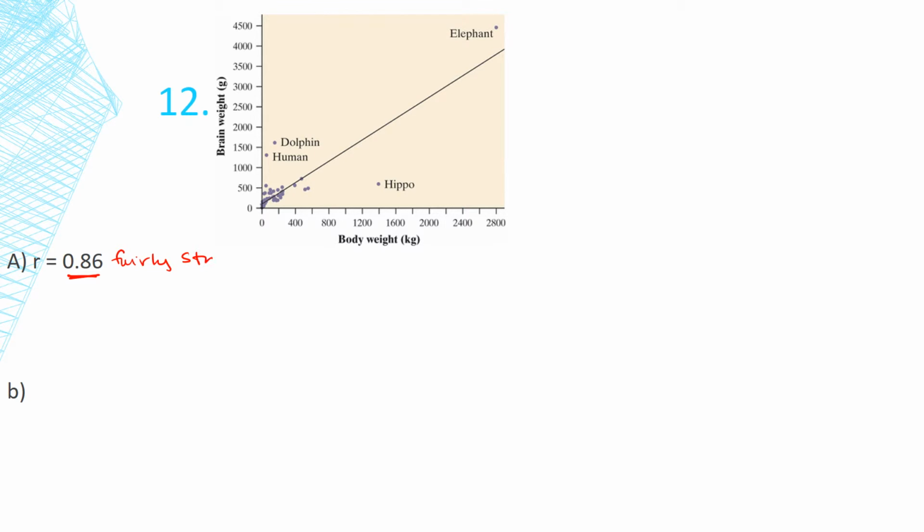All right, so let's go ahead and write our sentence. So there is a fairly strong, we could also say strong, association. It's positive, it's going uphill from left to right, and it appears to be pretty linear. I mean, there's some points here, the dolphin and the human and the hippo are kind of scattering from each other, but other than that, it's pretty linear.